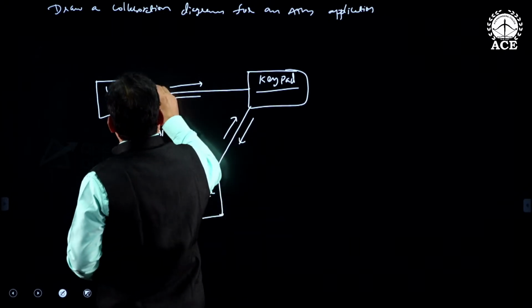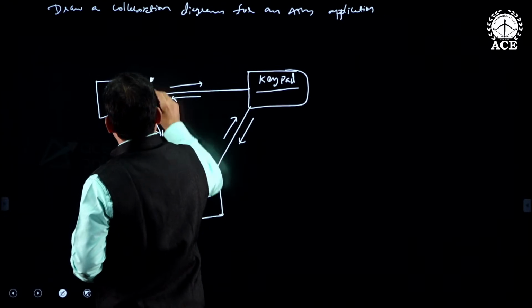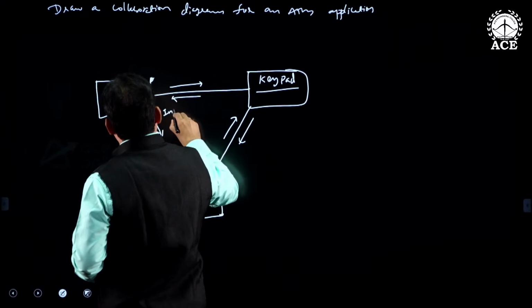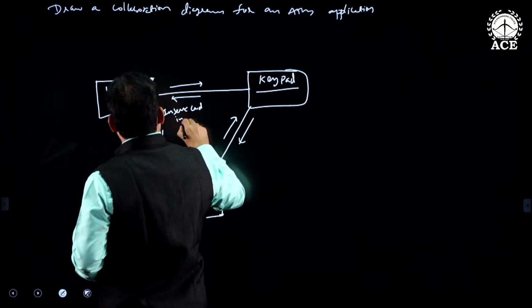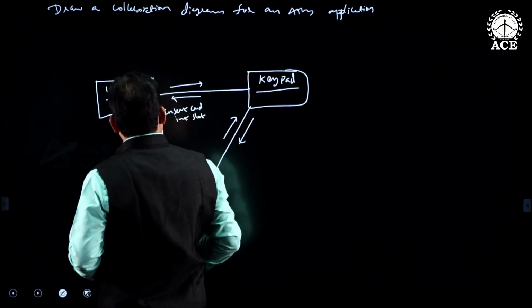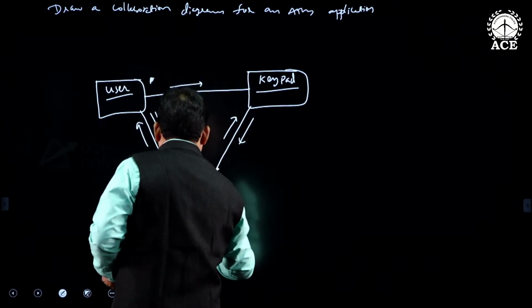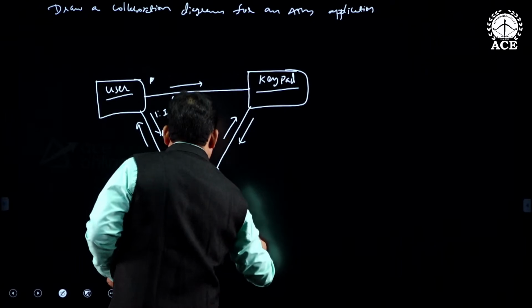Now observe. Initially, what will the user do? The user inserts the card into the slot. Once the card is inserted into the ATM machine, validation will take place: validate card.